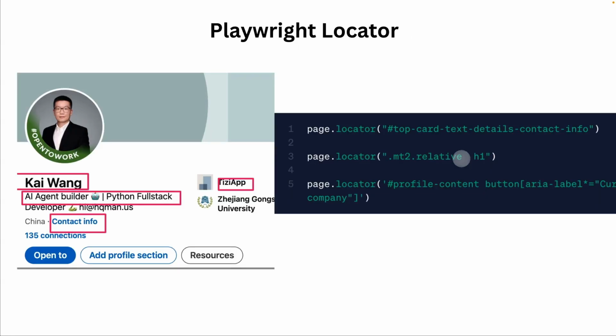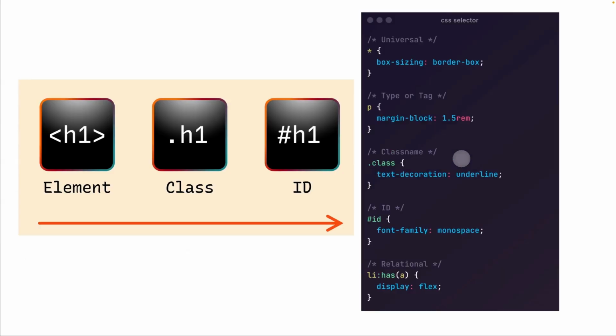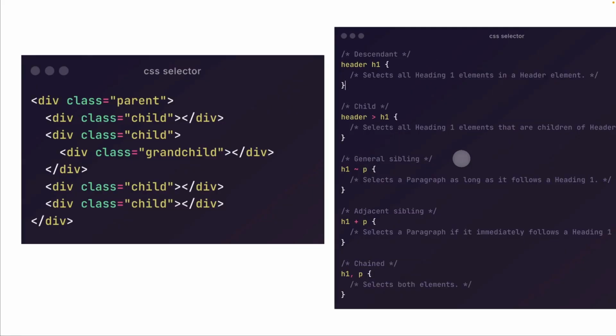When it comes to locating elements, Playwright offers options like CSS selectors, XPath, and even locating by text. Today we will focus on CSS selectors. CSS is a core web language, and its main job is to find elements using rules like tag names, IDs, and classes. This is how you can select child and descendant elements using CSS selectors.